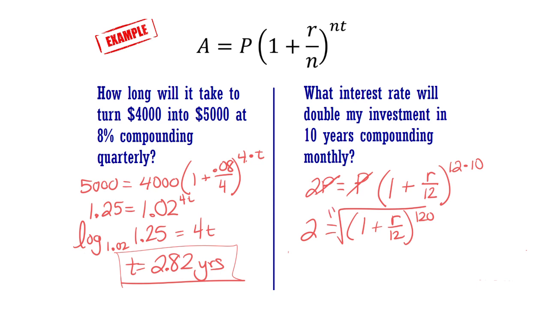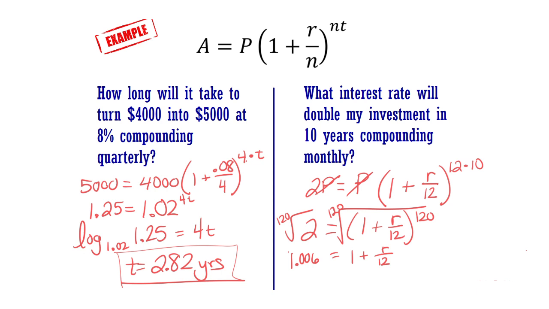Now I'm ready to take the 120th root. That is in your calculator on math number 5. And that comes out as a 1.006. I'm just rounding as I write this, but I will always use full values as I calculate them in my calculator. Okay, so from there, I'm going to subtract the 1.